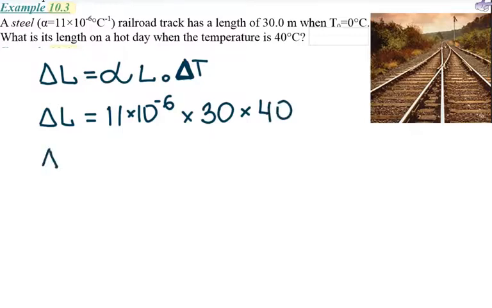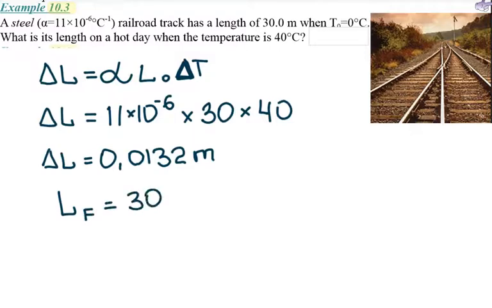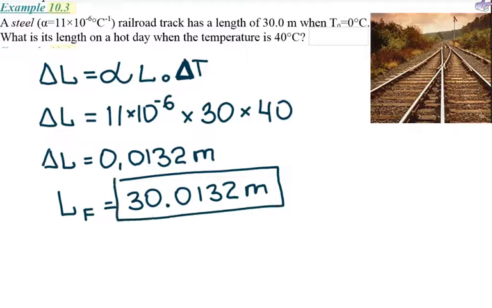Now, if I calculate the change of the length, I'm going to get 0.0132 meters. So the new length, the final length after the expansion, is going to be 30.0132 meters. And the expansion is actually, or by how much it changed, 1.3 centimeters.